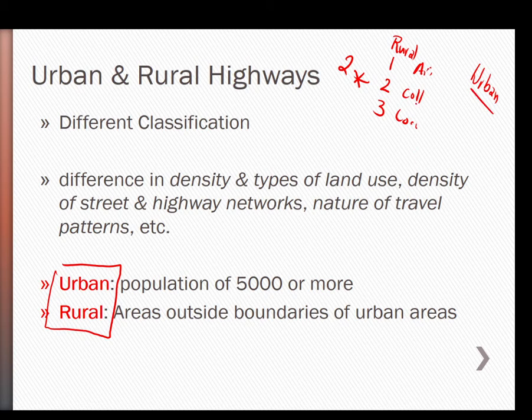So we have 1, 2, 3, 4, 5, 6. AASHTO defines urban in different ways. A rule of thumb is that if you have more than 5,000 people in an area, that's an urban area, otherwise it's a rural area. The density and types of land use and the nature of travel patterns give you an idea of the classification in terms of urban and rural.